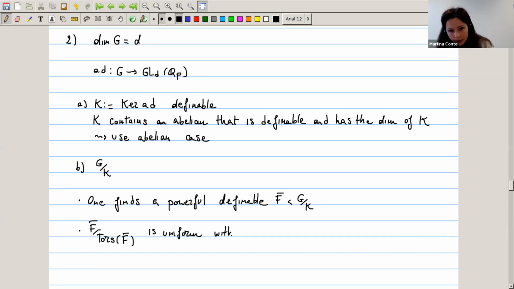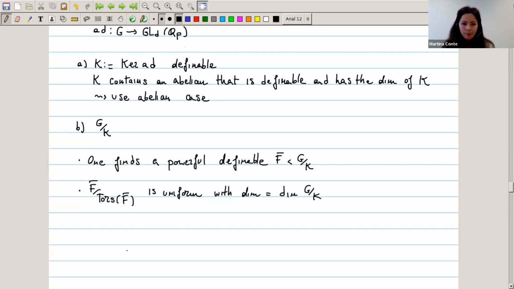So with dimension equal to the dimension of G over K. So again, if we are able to express the dimension of this quotient, we will be able to express the dimension of G over K. Now, if we want to talk about this quotient, actually the torsion of F bar should be definable. And this is true thanks to the fact that G over K is linear, so this embeds in GL_D(Qp), so we can talk about this quotient.